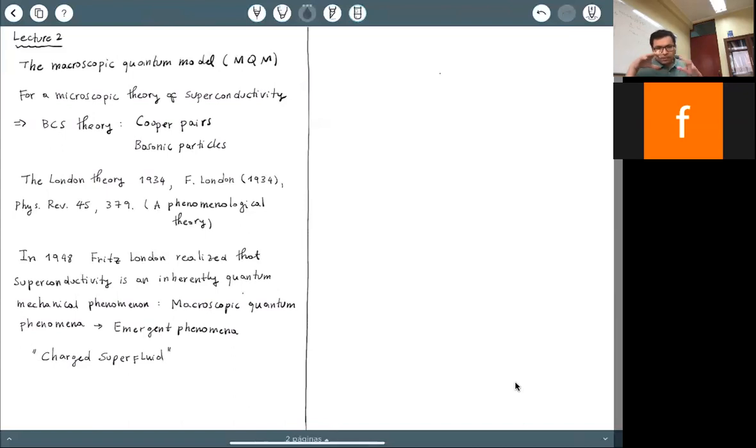So the main idea then of this macroscopic quantum model is that we have a macroscopic wave function. So one introduces the concept of a macroscopic wave function.